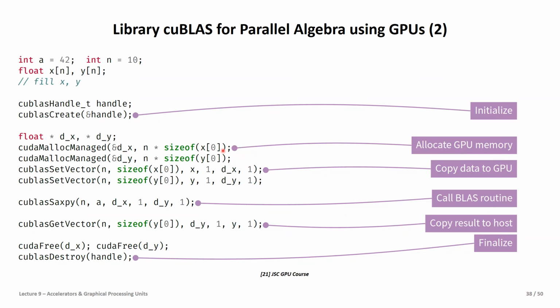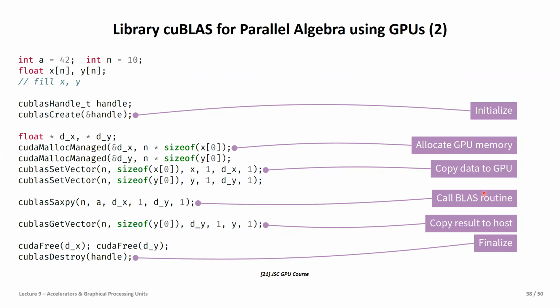So we allocate the size of these arrays, and as one of the first steps, we copy the data to the GPU. The data we have in the host memory is uploaded to the GPU.